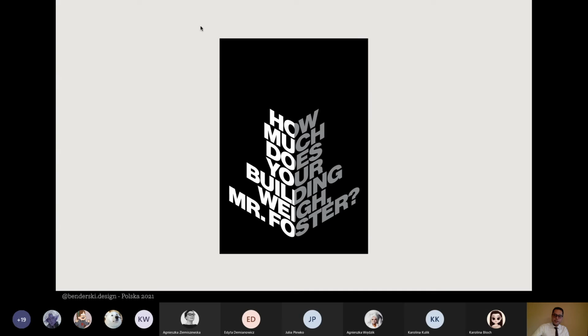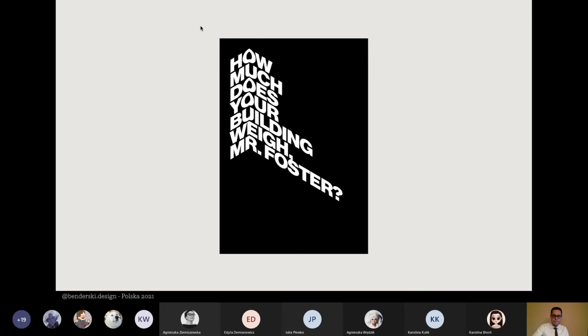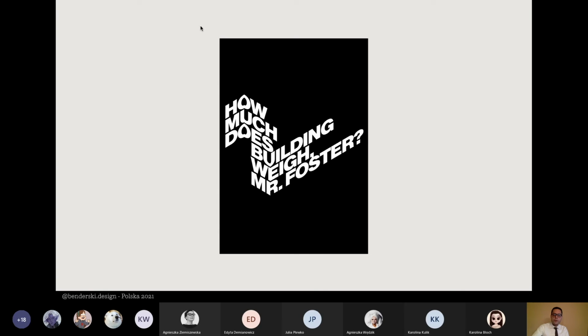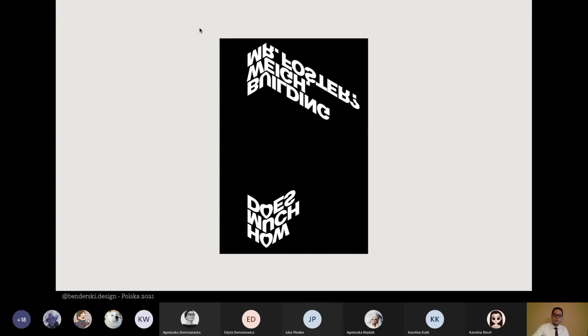What happens if I help the text using shade? Because if light hits this, it's going to have different shades. Different options, different ways of communicating the same message.